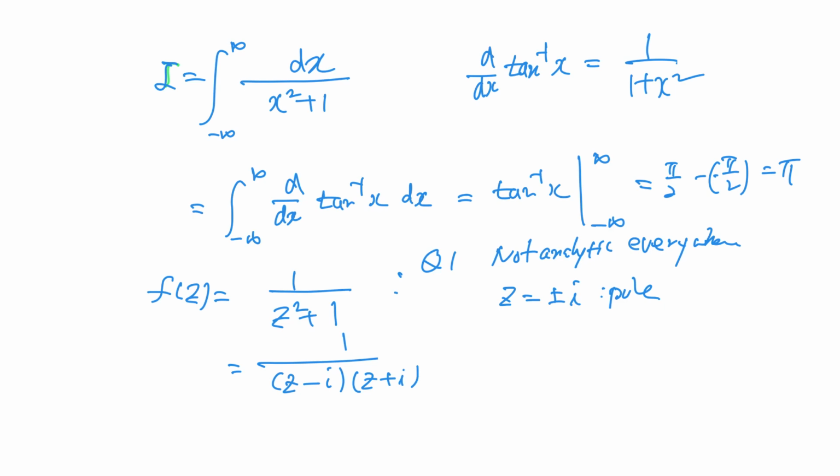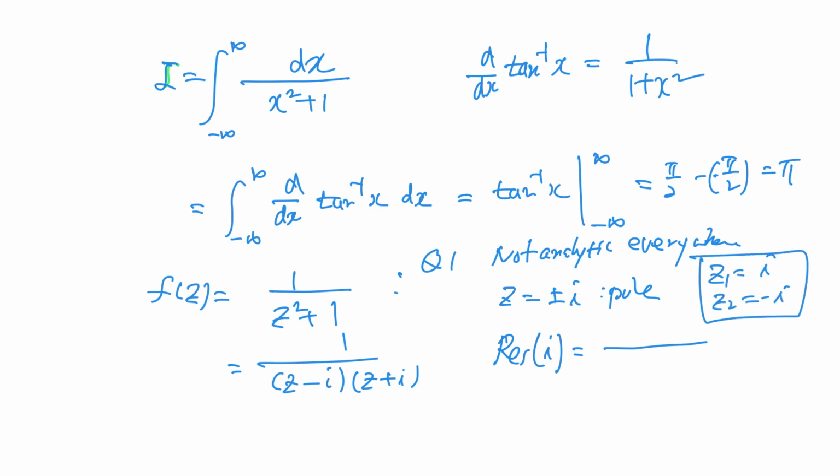The residue at i: C1 over Z1 minus Z2, right? C1 is i, C2 is minus i. So Z1 minus Z2 is i minus (minus i), so the residue is 1 over 2i.